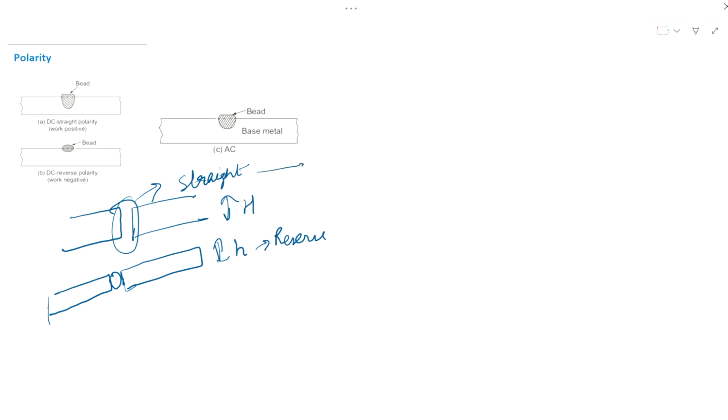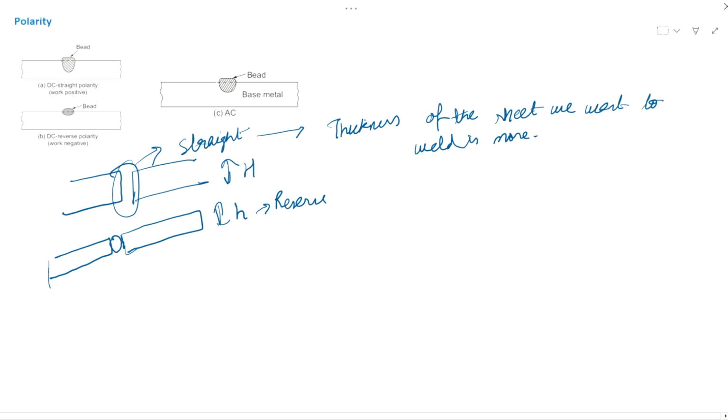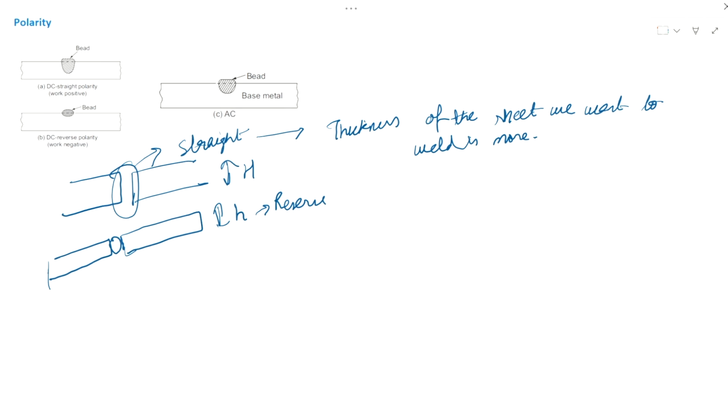So, straight polarity we use when the thickness of the sheet we want to weld is more. Okay, now consider this as a bead. In 3D printing, consider this as a bead. When the height of the bead is more, it is straight polarity. As you can see here, when the height is less, it is a reverse polarity.